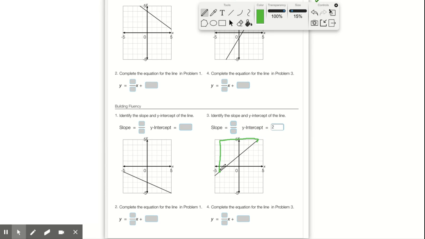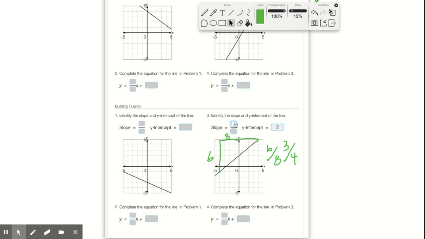So the rise is 1, 2, 3, 4, 5, 6. And the run is 1, 2, 3, 4, 5, 6, 7, 8. The run is 8. So our slope is 6 over 8. And we can reduce that fraction from 6 over 8 to 3/4. So our slope is 3/4.